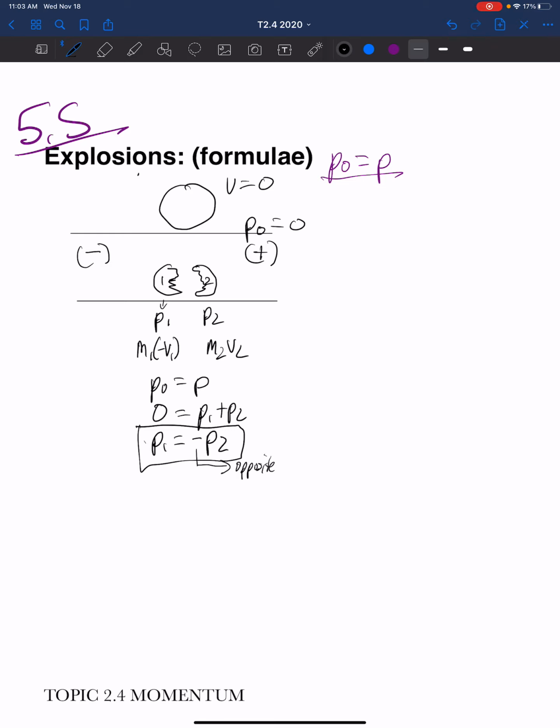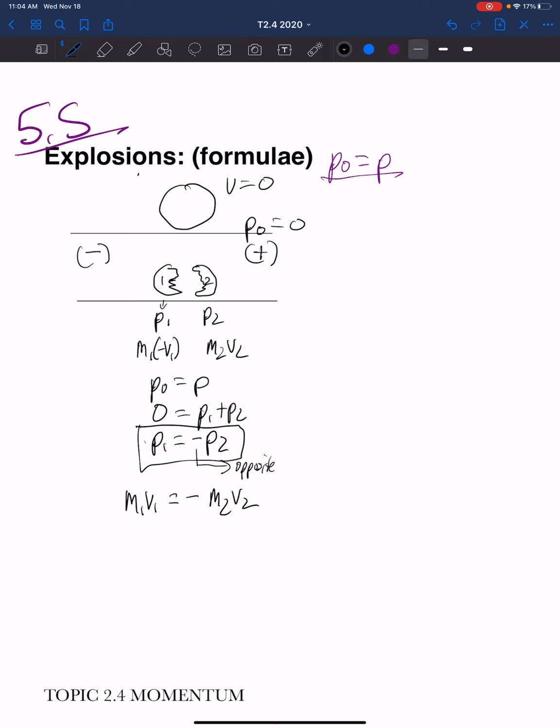So whatever the momentum of 1 is, the momentum of 2 is exactly the same magnitude, but opposite in direction. So that's what that means. And we, of course, can then put M1V1 equals an opposite to M2V2. So that's a nice little example of what happens.